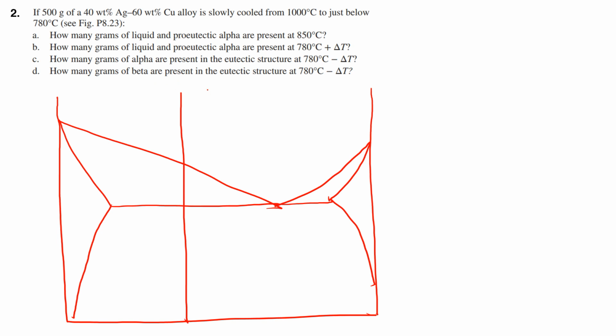Okay, this is 40 weight percent silver, and this is weight percentage of silver increasing this way, which is 100%. Sorry, weight percentage of silver, this is copper. And this is the temperature on the y-axis. We know this is alpha.